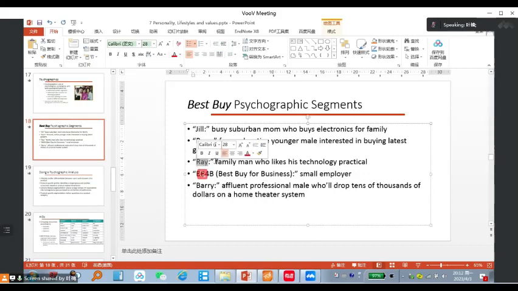Ray refers to family man who likes his technology practical. Best Buy for business, often small employer. Barry, affluent professional male who dropped tens of thousands of dollars on a home theater system.